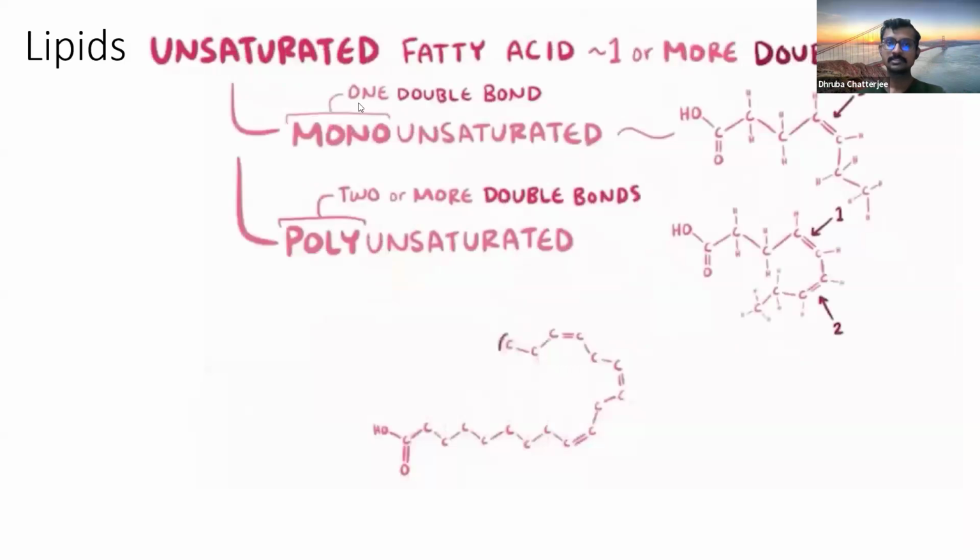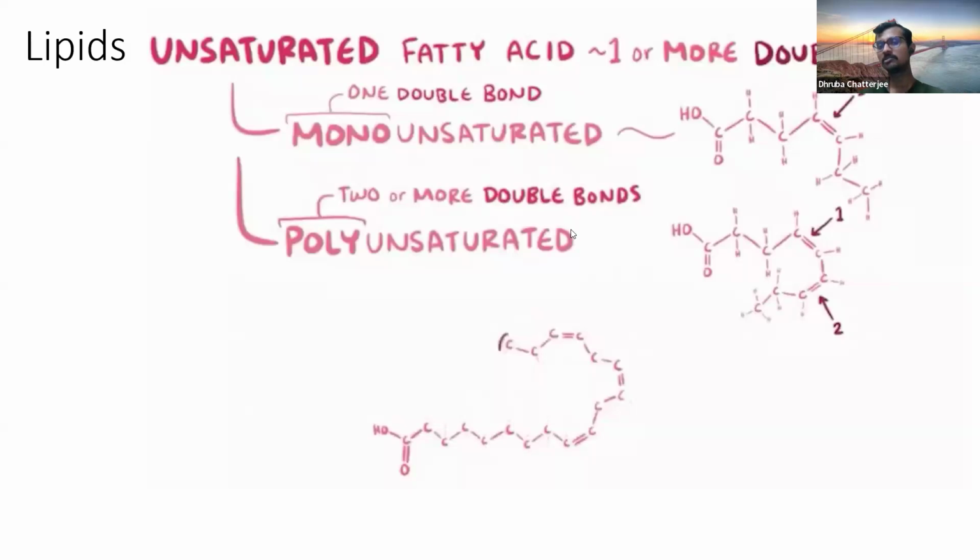Whereas in case of unsaturated fatty acids, it essentially means the hydrocarbon chain contains one or more double bonds among the carbon atoms. If it contains a single double bond, it's called monounsaturated fatty acid.